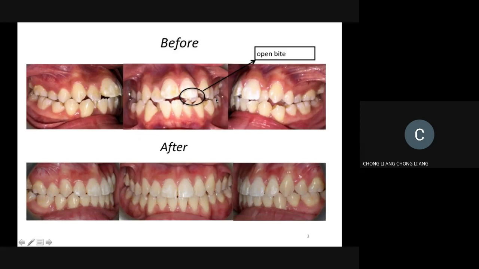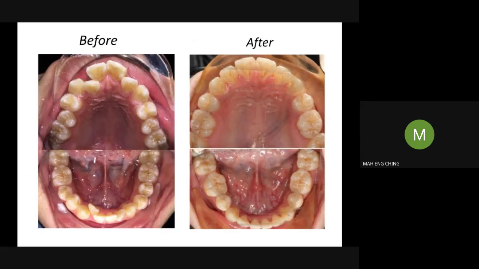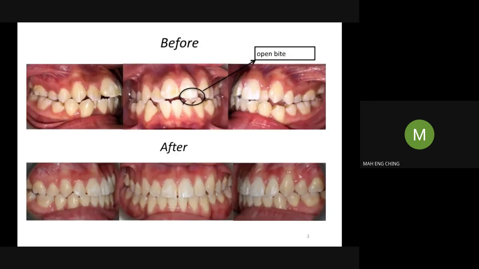Okay, so you see this case. What do you think? Is that a skeletal or dental crossbite? Dental. Why do you say dental? Because it involves maybe 1 or 2 teeth in crossbite.